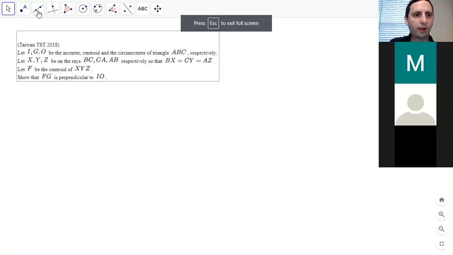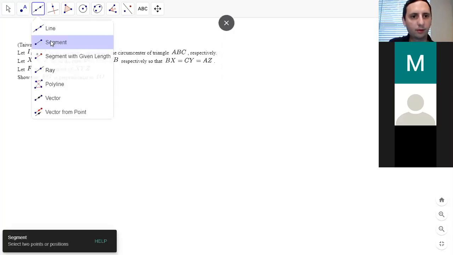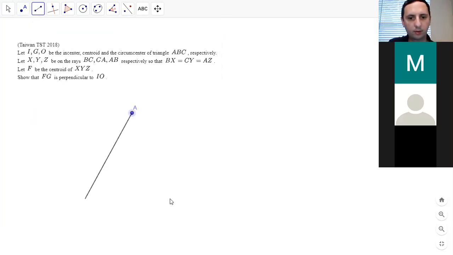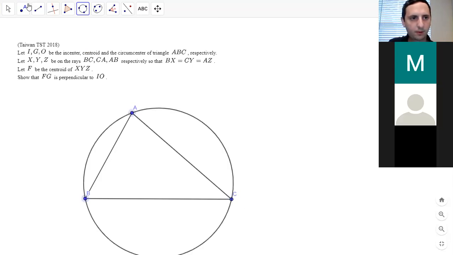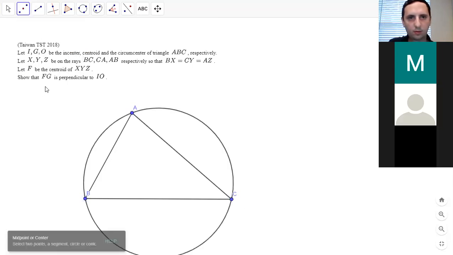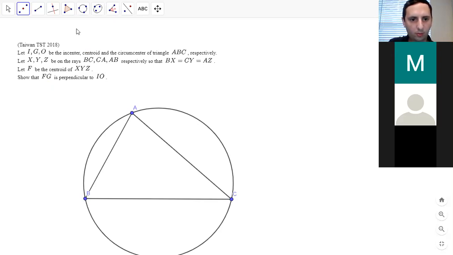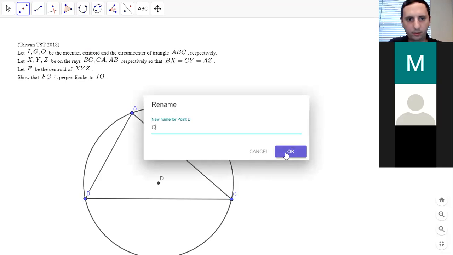So we have a triangle ABC, and we draw the incenter, centroid, and circumcenter. Oops, sorry. So that's O. And then I is the incenter.